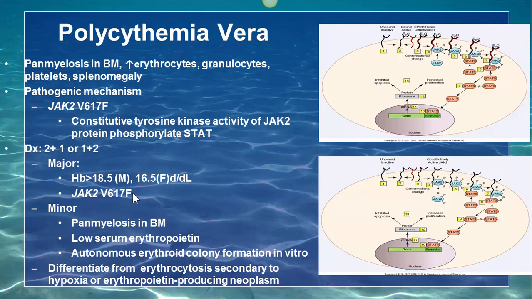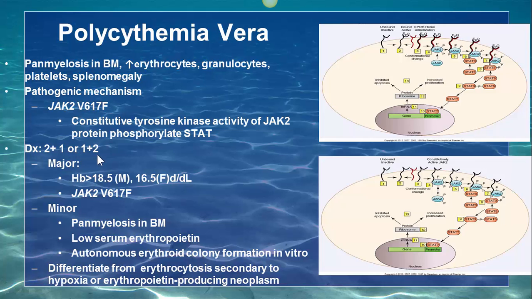The three minor criteria are panmyelosis in bone marrow, low serum erythropoietin, and autonomous erythroid colony formation in vitro. Based on WHO standards, to be diagnosed as PV, either two major plus one minor criteria are met, or one major plus two minor criteria are met.